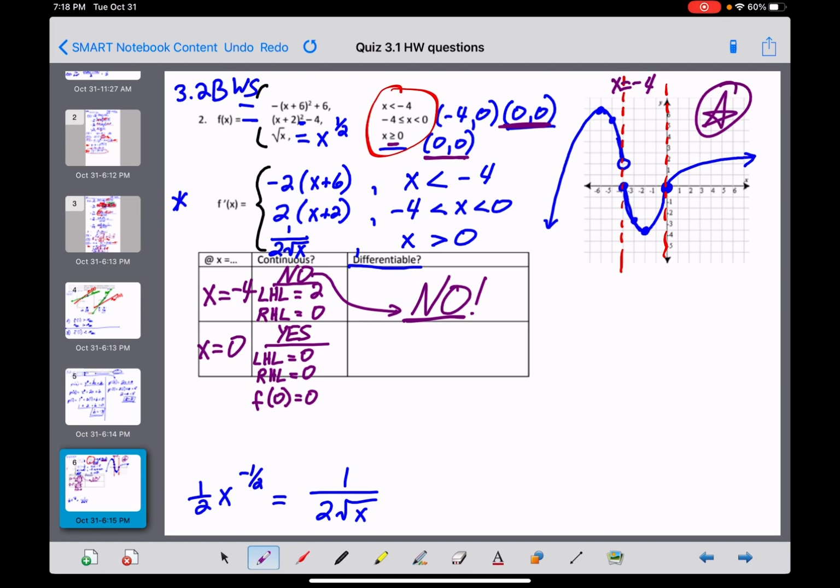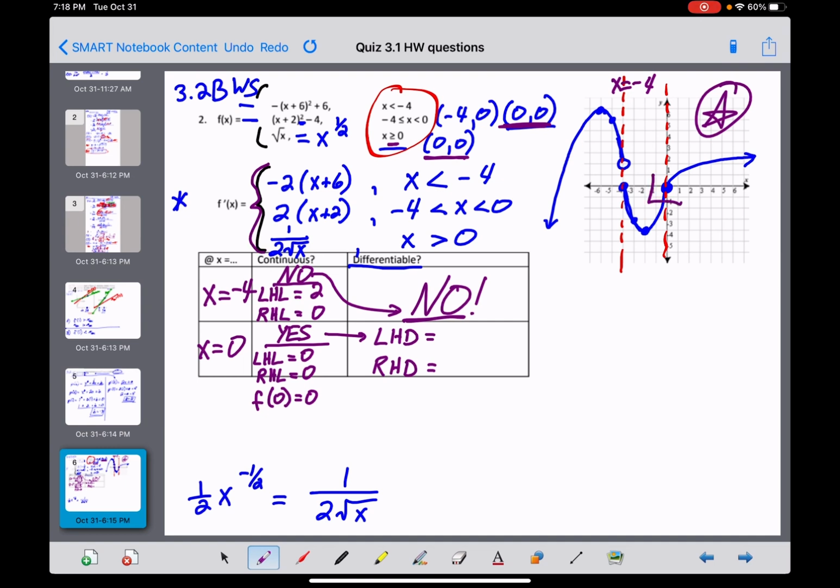So now that we have continuity, we need to go over here to test for differentiability. To do that, we need a left-hand derivative, and we also need a right-hand derivative, and we need to find out if they're the same or not. So now for the first time, we need to take a look at what's going on right here in f prime of x.